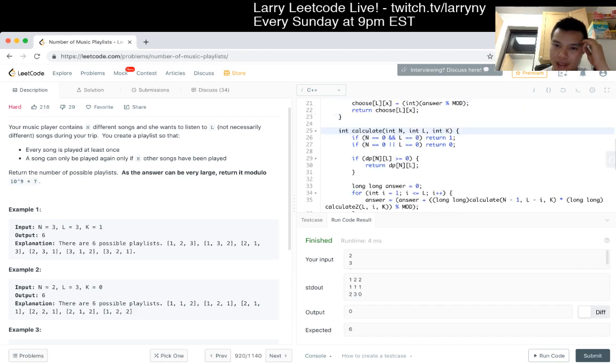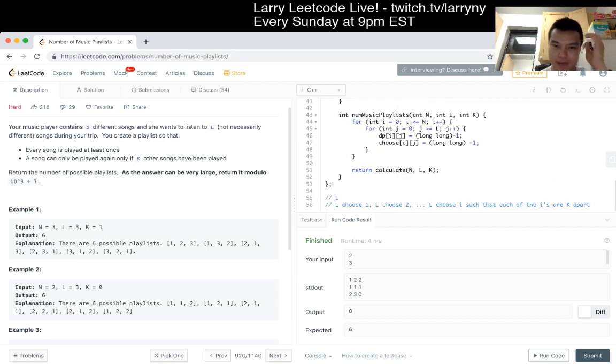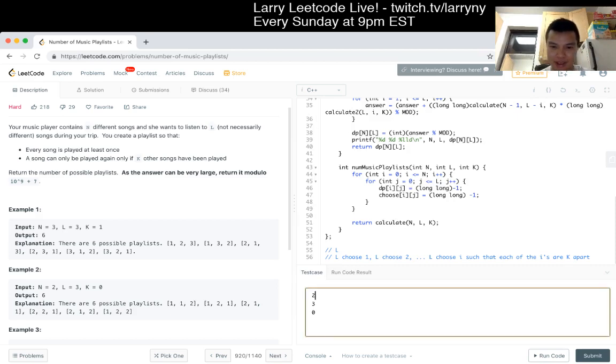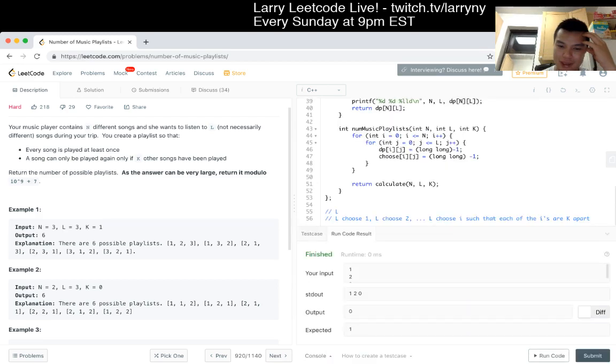That doesn't seem right. That should be 1, because there's only one case that's the case. Right. Let's debug this one first then. Yeah, it should be 1. Well, now it's returning 0, so I don't even know.